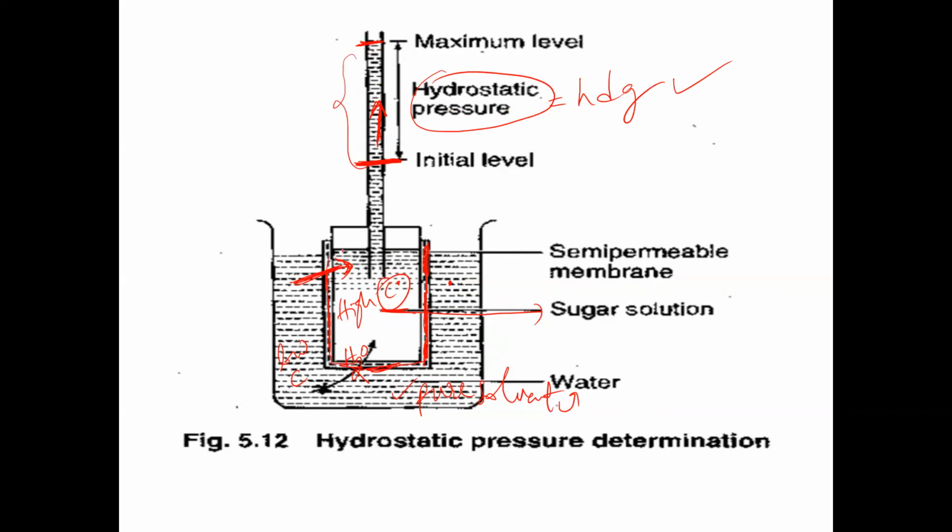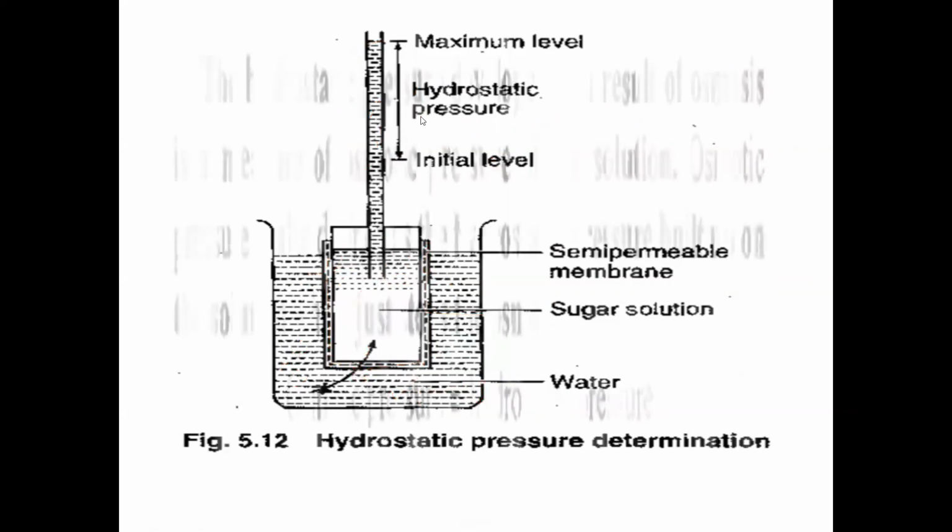This hydrostatic pressure developed as a result of osmosis is a measure of the osmotic pressure of the solution. Whatever hydrostatic pressure we get will be equal to the osmotic pressure.